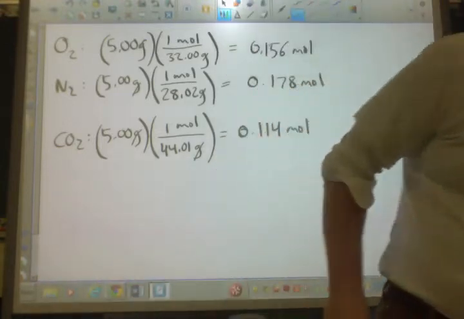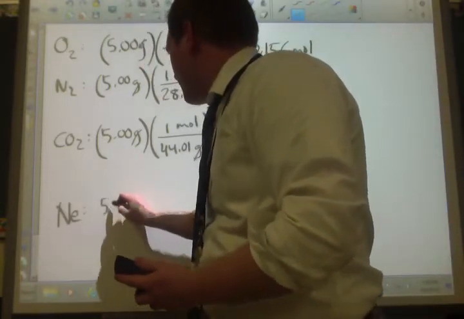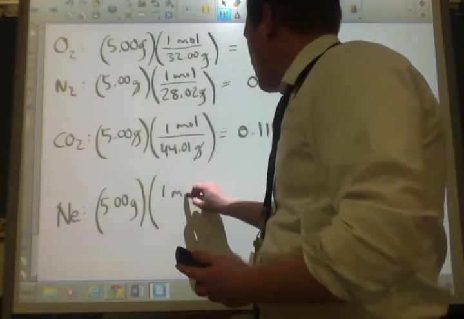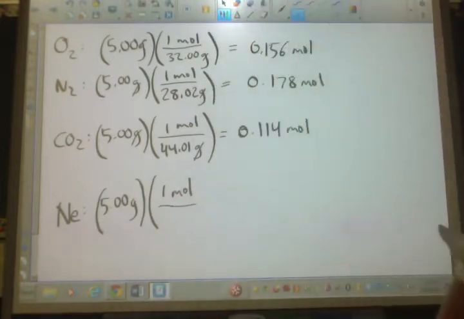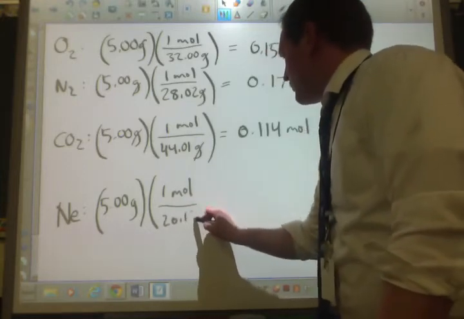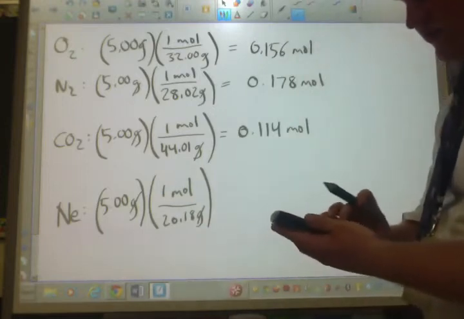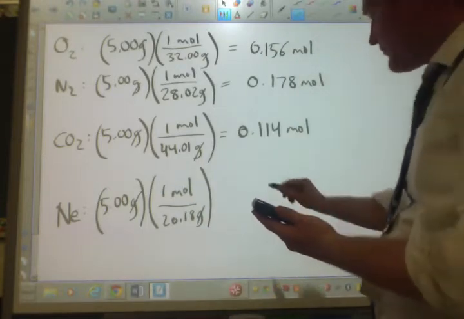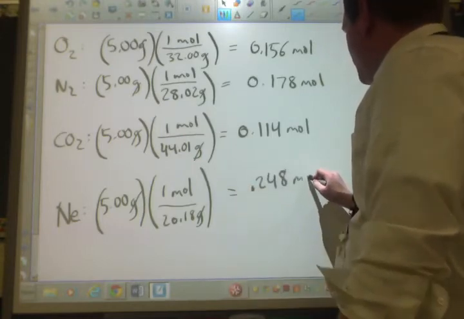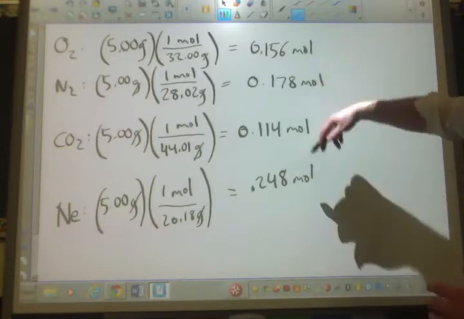And the last one is neon gas. 5.00 grams times 1 mole over 20.18 grams. Okay. 5 over 20.18. 0.248 moles.